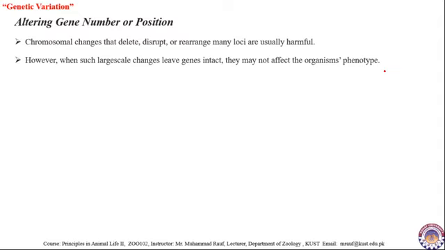Either some genes increase in number or some genes decrease in number, whereas in aberrant euploidy, a complete chromosome set increases in number, so it is less harmful. So here they are referring to aberrant euploidy.